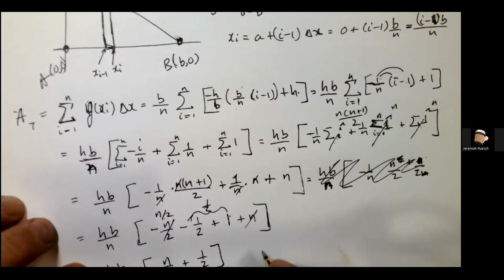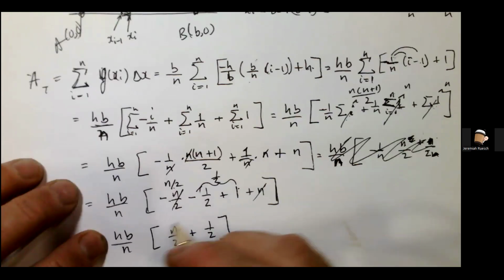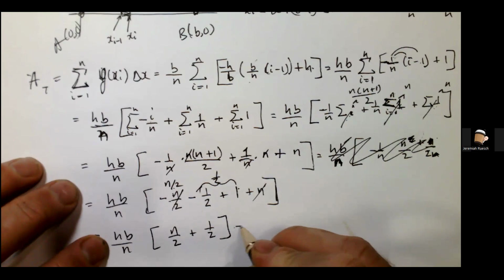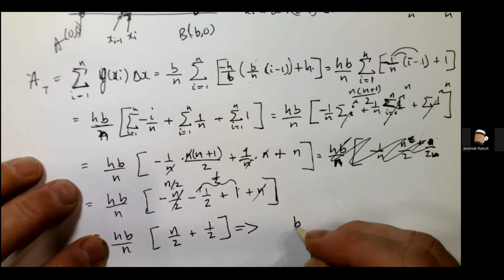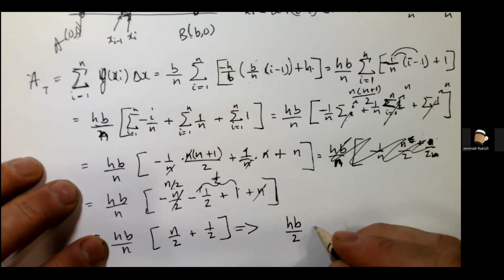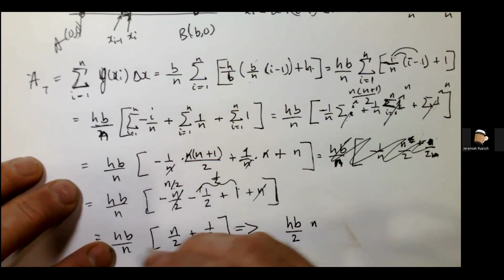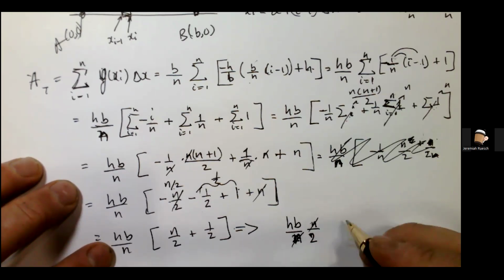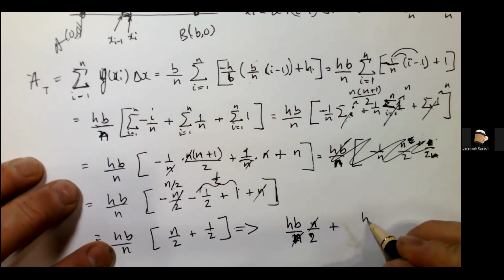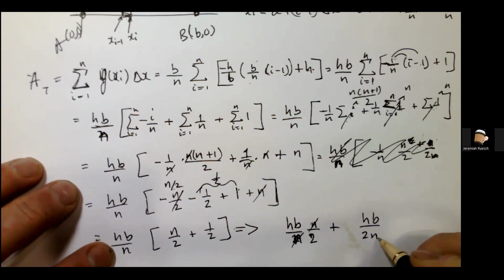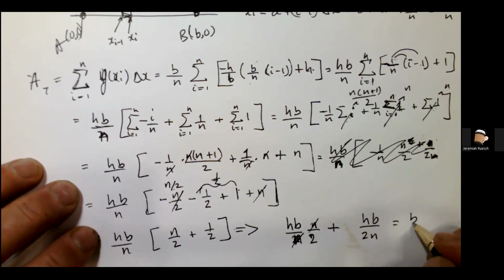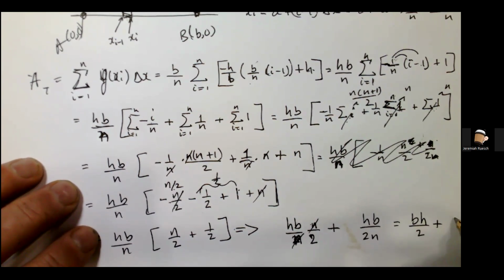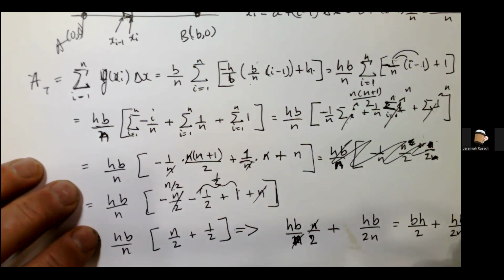All right. Excellent. And so now at this point, I can distribute everything through, and then I get that this is going to equal hb over 2. That's not a 2, that's an n over n, and over n over 2. Okay, so those can reduce, and then I have plus hb over 2n here. Okay, so finally I have hb over 2 plus hb over 2n.